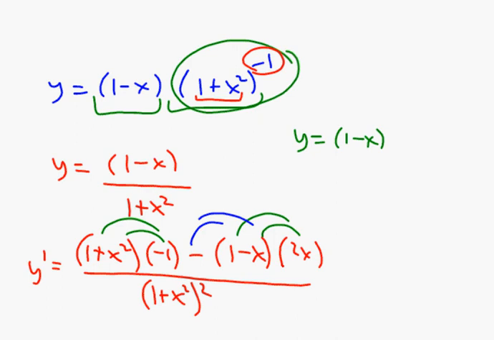And when you have a function within a function, to do that derivative you'd need something called the chain rule. So if you know about the chain rule, then it would be possible to do this thing with a product rule.